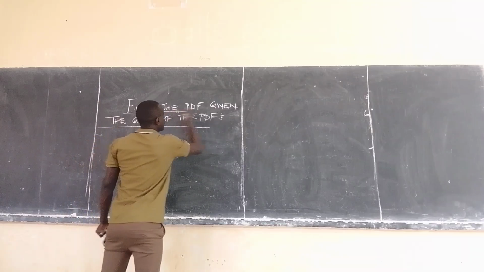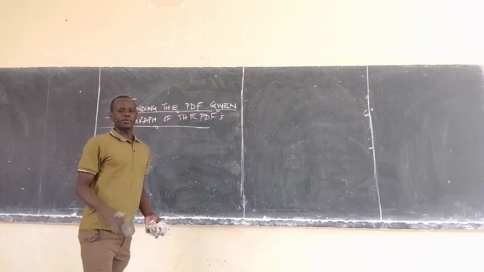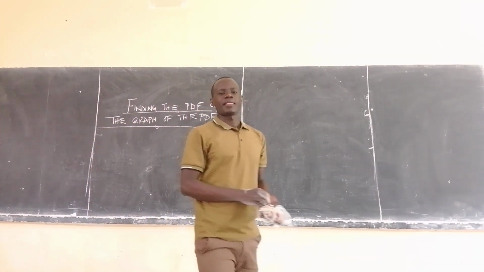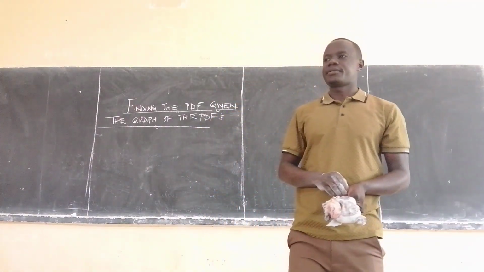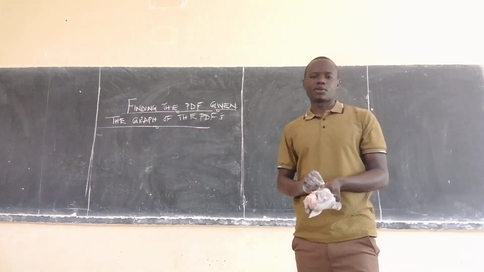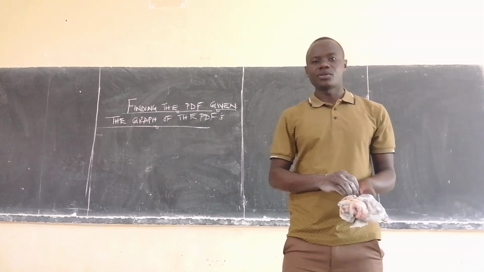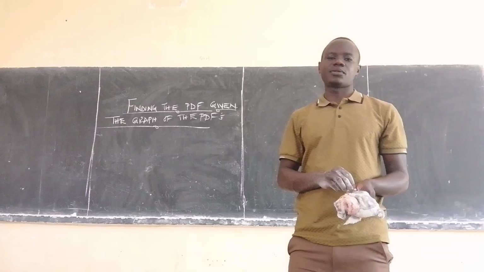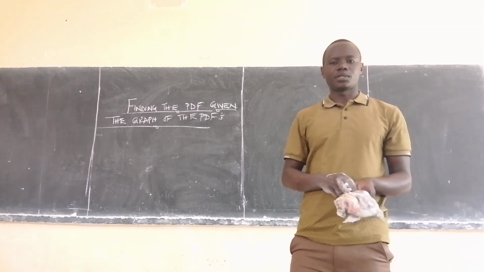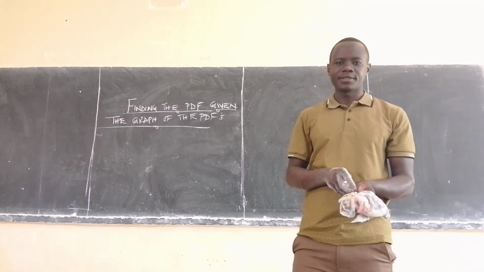Given the graph of the PDF, the smaller f of x, or smaller f of any variable, can be found by using the knowledge of the equation of the line, like we wrote in our introductory statements.